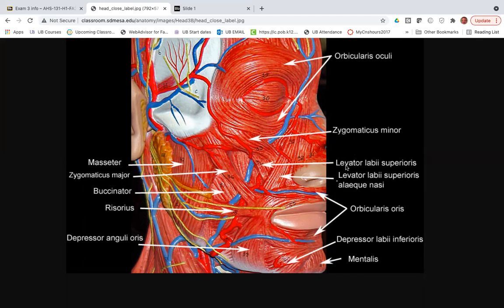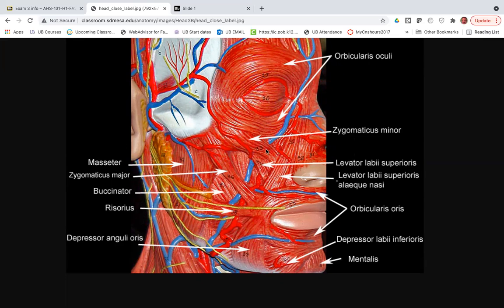And then here's the levator labii superioris, right here. And this one, levator labii superioris, is also just a different division. You can see it's kind of going a little bit more to the nose right here. But if you said levator labii superioris here or here, you'd be correct.